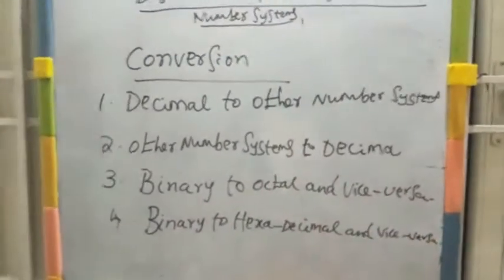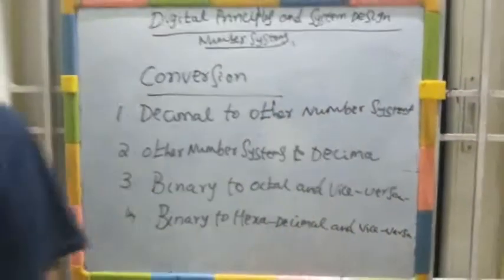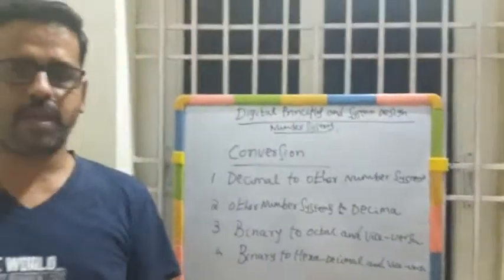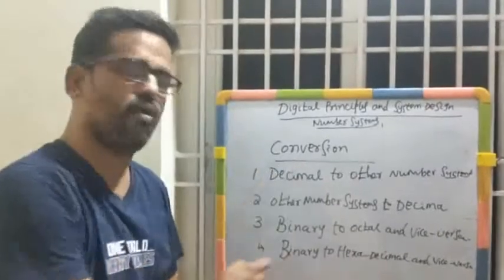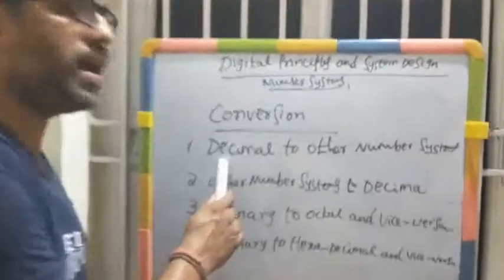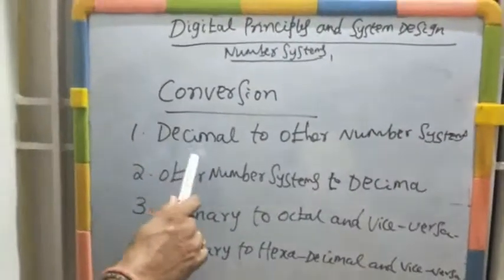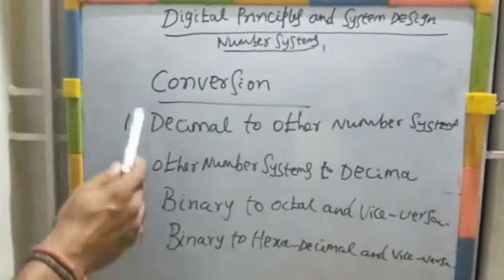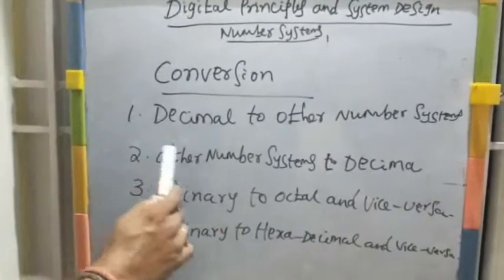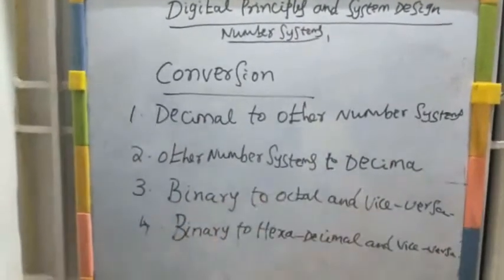So the conversion can be done from one number system to another, and that can be categorized in these four ways. First is converting values from the decimal number system to other number systems. Second is converting values from other number systems back to decimal.